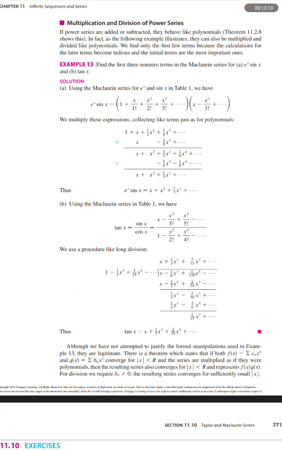Anyway, we subtract, and then you finally get 2 over 15 x to the 5th power plus ellipsis.